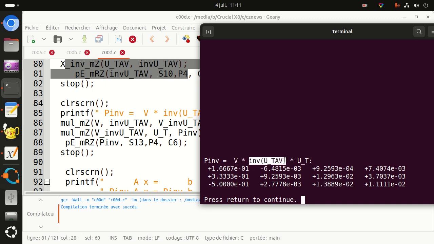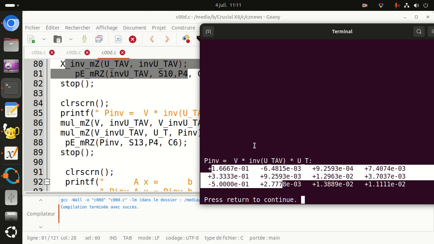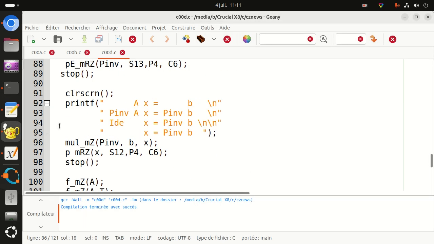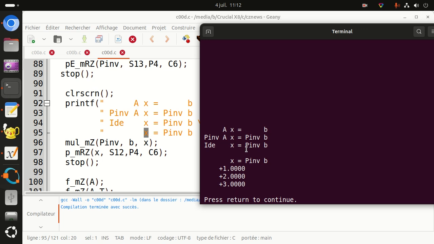Alors, you have the diagonal matrix multiplied on the right by the conjugate transpose of U, and on the left by V, and this is the pseudo-inverse of A. And now you multiply the pseudo-inverse by B, and this gives X. And the result is 1, 2, 3.